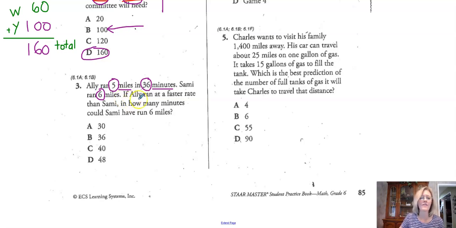If Allie ran at a faster rate than Sammy, how many minutes could Sammy... oh, no, he doesn't run in 36 miles. I mean, in 36 minutes. We're trying to find how many minutes. So how many minutes could Sammy have run 6 miles? So we have Sammy at that 6 again, okay?